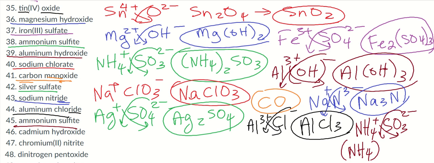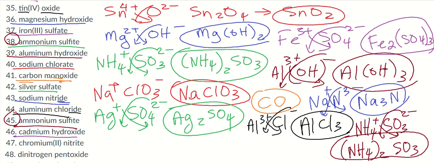NH4, we're going to need parentheses because there's 2 of them, and I feel like we just did this or something very similar. All right, there's your ammonium sulfite. Oh, wait a minute. We did. That's like right up there. Okay. All right. Well, it's a typo.